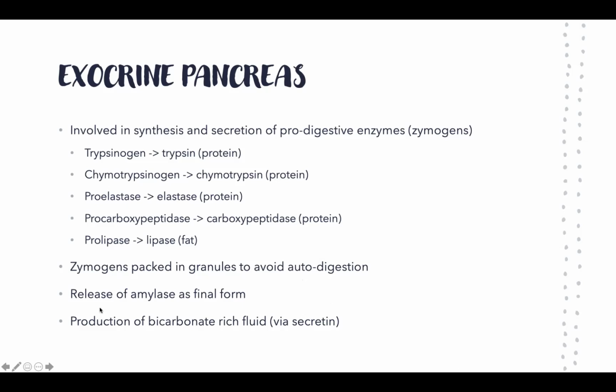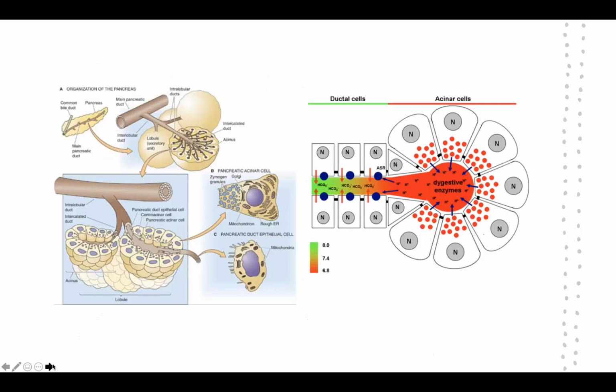And amylase is usually released in its final form. The pancreas can also produce bicarbonate-rich fluid via the hormone secretin. This is a protective function of the pancreas, and we'll discuss this in the future slides. So let's go to the next slide.